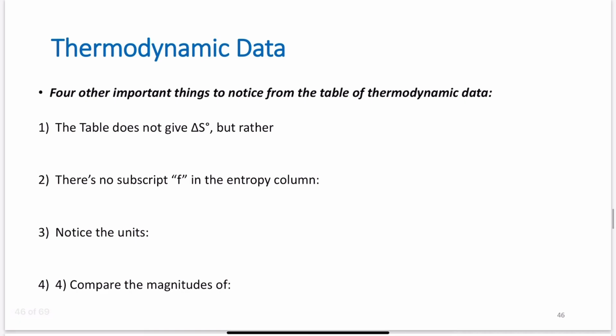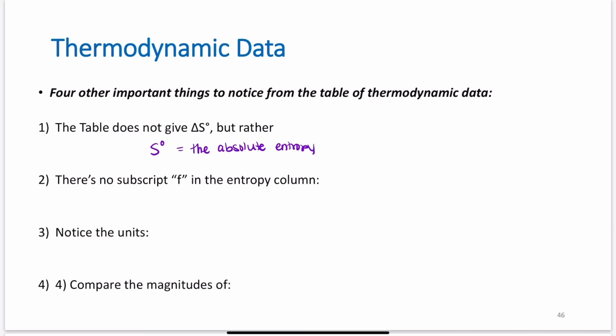So there are a few other things you need to understand about thermodynamic tables. First, as I've mentioned, the table does not give delta S naught, even though I tend to write it that way because I forget. It actually gives you S naught, the absolute entropy. That's due to the second law of thermodynamics, how we can actually measure the exact entropy of the system. There's no subscript f in the entropy column, even though I tend to forget that too.